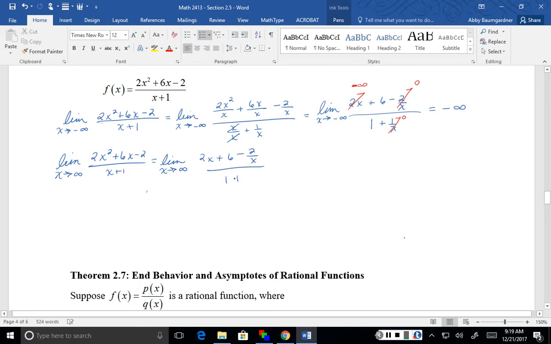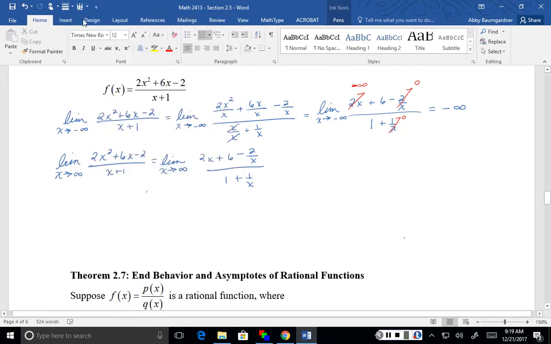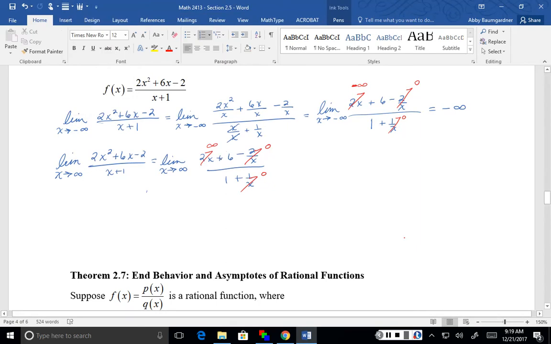All right, we're now evaluating at a positive infinity. Infinity plus 6 is just more positive, so positive infinity divided by 1 is infinity.